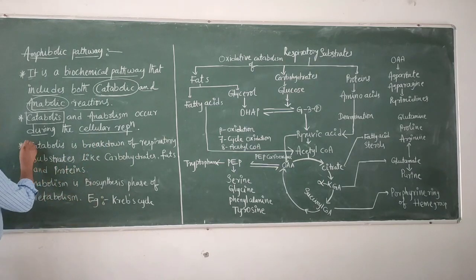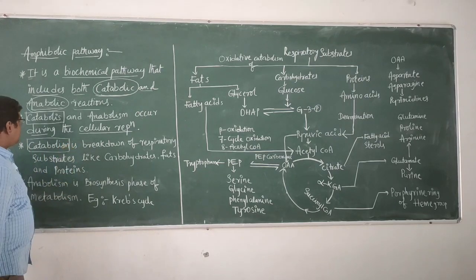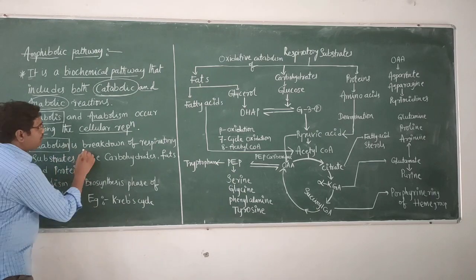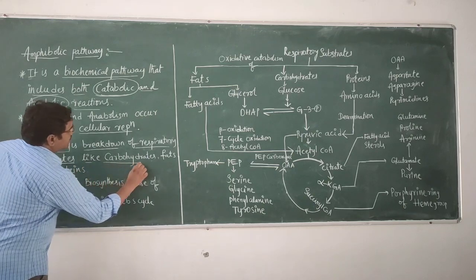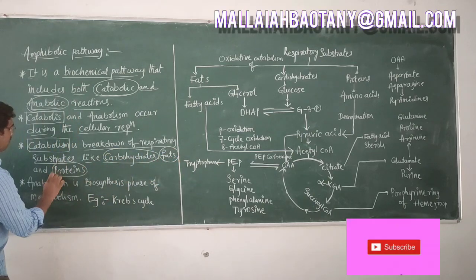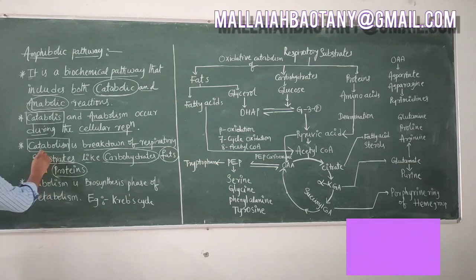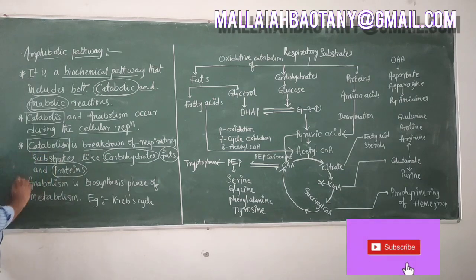Next, what is the definition of catabolism? In catabolism, there is breakdown of respiratory substrates like carbohydrates, fats and proteins. The breakdown of organic food substances is known as catabolism.